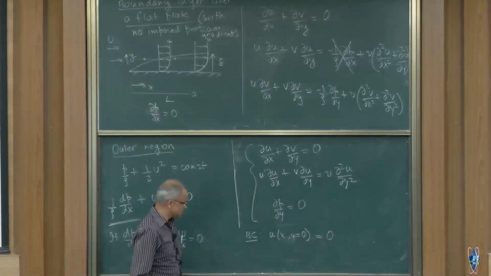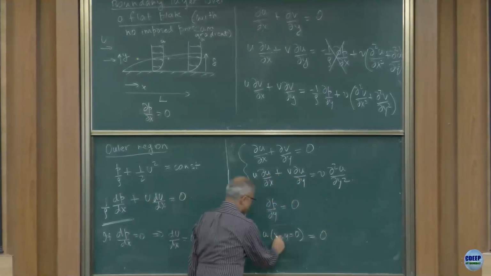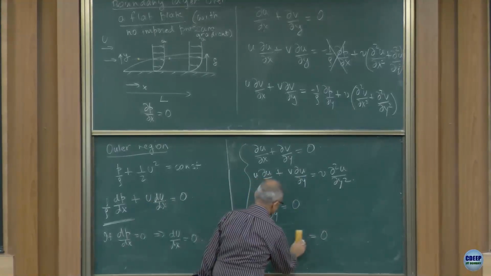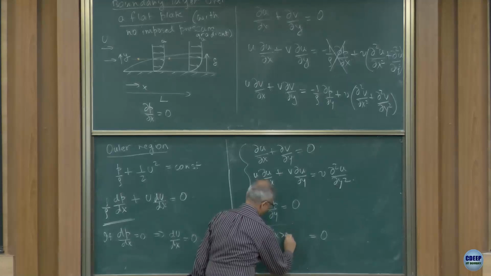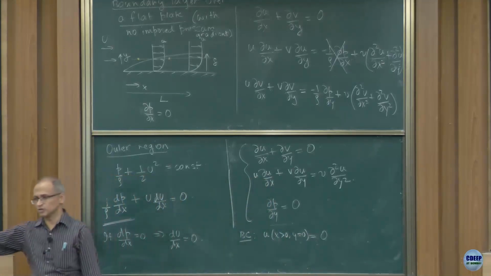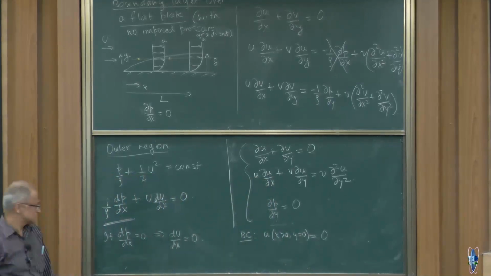Maybe, if you want to be more clear, x greater than 0 and y is equal to 0, u is equal to 0. This is essentially corresponding to the plate.